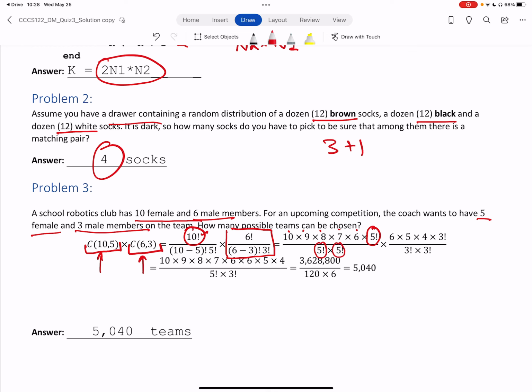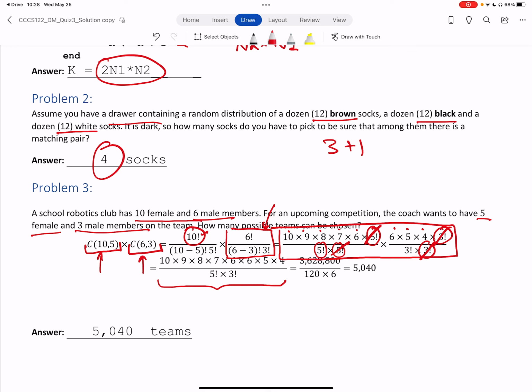For the second term, we expand the 6 factorial to 6 times 5 times 4 times 3 factorial, because we're going to use that to cancel out one of the 3 factorials in the denominator. You do that, and rewrite all the remaining terms. That's what you see over here.